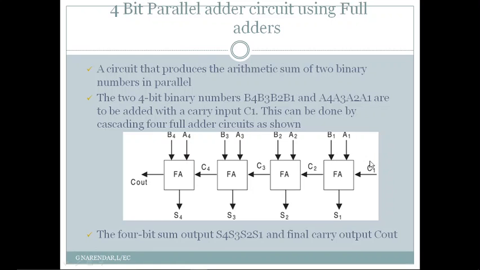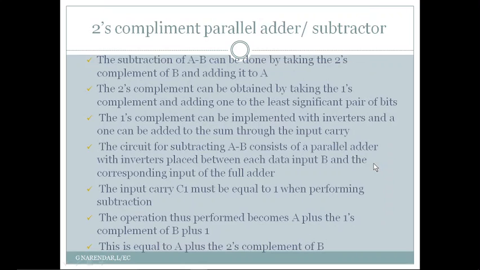There is an input carry for this addition. Normally we'll keep this input carry, C1, as 0. So in order to add 1 to this 1's complemented B data, we make C1 equal to 1. So the input carry C1 must be equal to 1 when we want to perform subtraction.